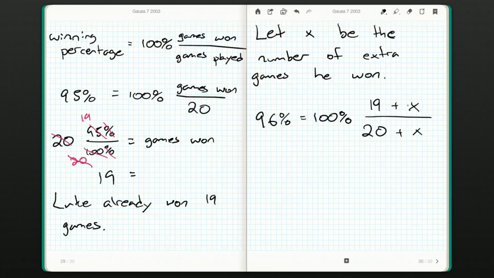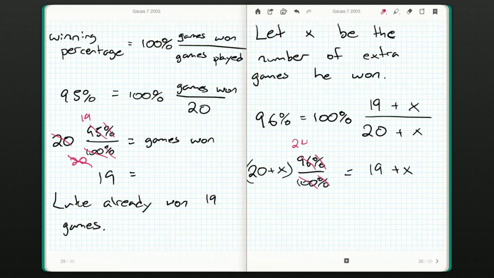So now we can rearrange and hopefully get an equation for X. What I can do is I can multiply by 20 plus X. Just as I did before, divide by 100% on both sides. I'll be left with 19 plus X there. So the percents are going to cancel out. Both 96 and 100 are multiples of 4.